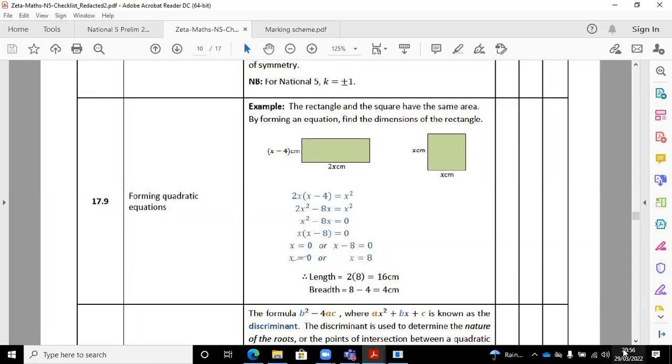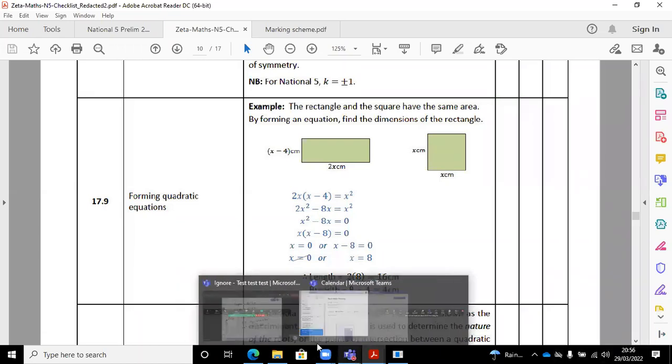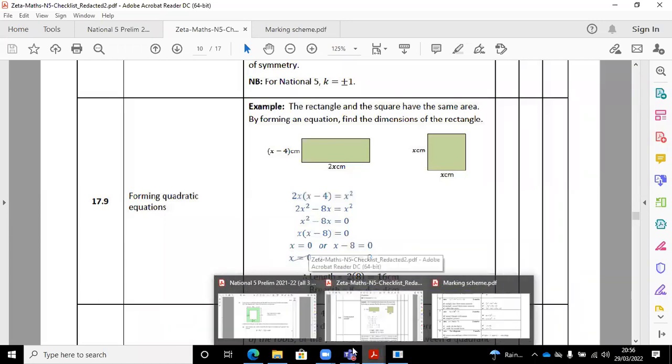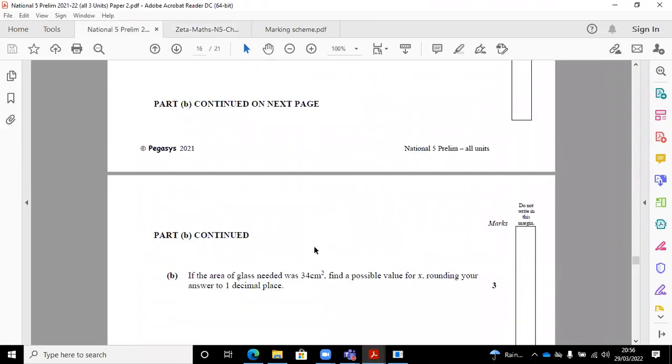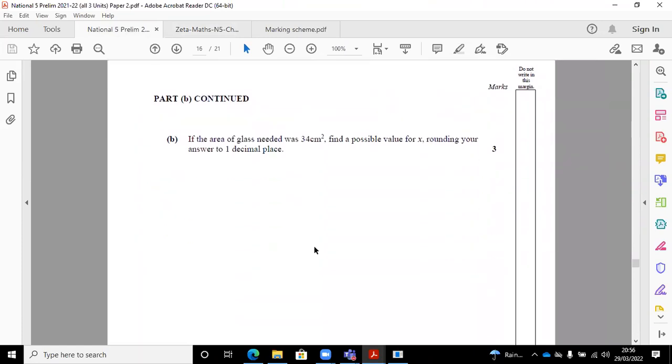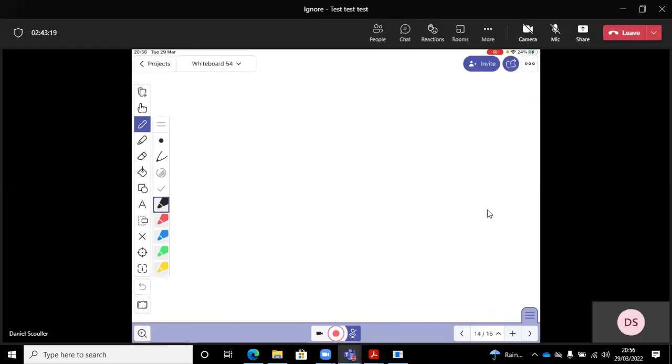Right. Last question in the calculator. If the area was 34 centimetres, find a possible value for x rounding to one decimal place. So we've got area is equal to 4x squared minus 32x plus 60.